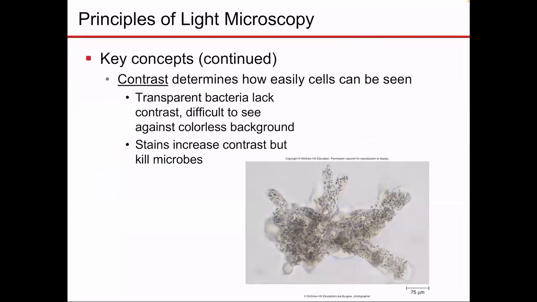Another important concept in microscopy is contrast. Living cells are usually colorless and transparent. When you place them on top of a clear glass slide, there is very little contrast to be able to distinguish them easily. How do we solve this problem?